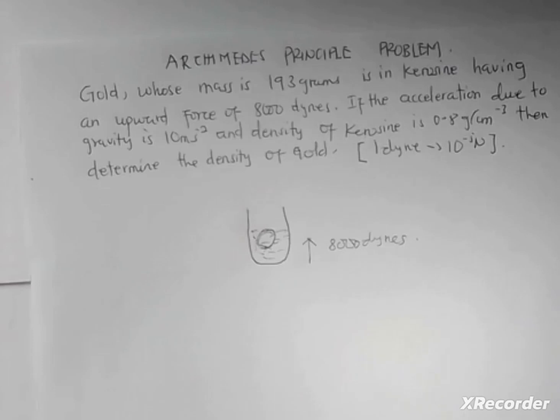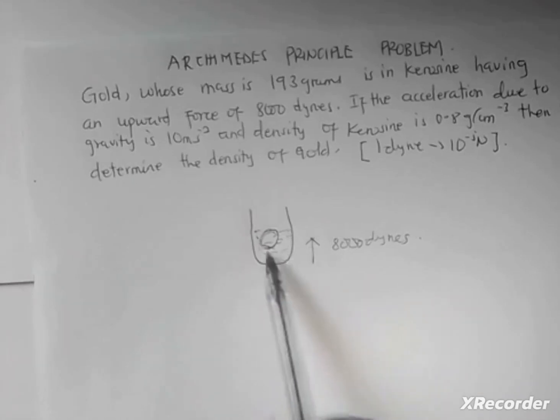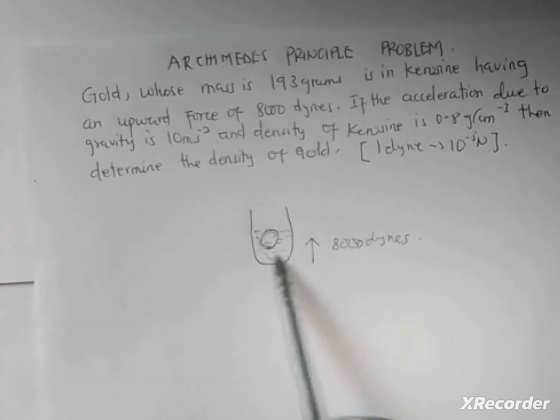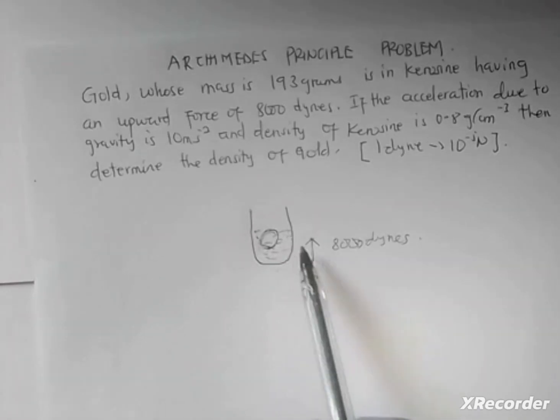First of all, let's remember the Archimedes principle, saying that if a body is partially or wholly immersed in a fluid, it displaces a fluid which is equal to its weight.